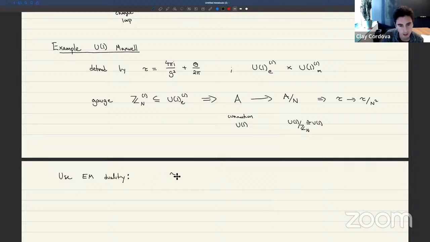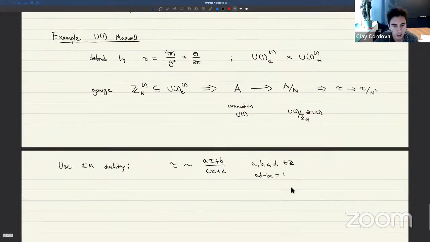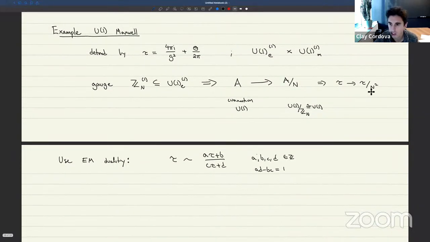Electromagnetic duality says that tau is equivalent as a quantum field theory to (A tau plus B) over (C tau plus D), with A, B, C, and D integers, and AD minus BC equals 1. And so I could try to use, for instance, S duality to see if tau over n squared is ever S dual to tau, which would mean that it's minus 1 over tau.